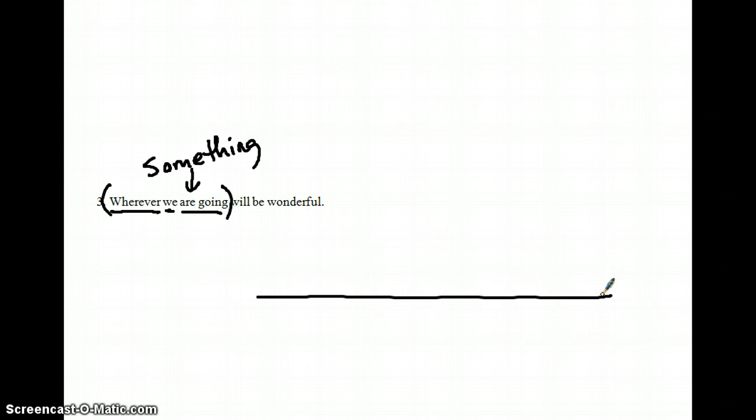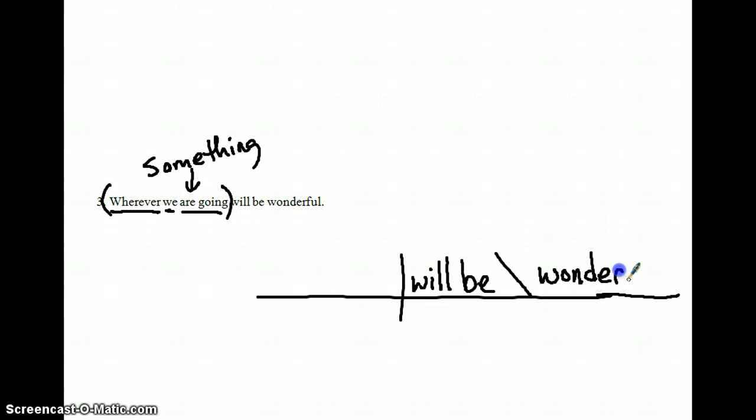So let's do the predicate first because that's the easiest part, right? Will be wonderful. Well, will and be are state of being verbs. And last time I checked, wonderful is an adjective. So that's a predicate adjective. It will be wonderful. Now, it, this something, is the subject. It's the whole clause. So we create a pedestal, put it on there, okay?